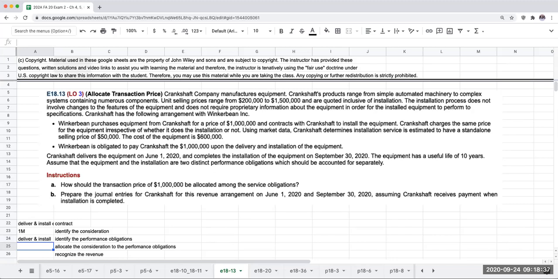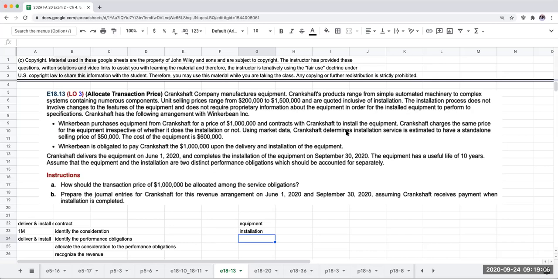Now, in terms of allocating the consideration to the performance obligations, we're going to go to my allocation: equipment, and then installation. The reason we have to do this is what it says over here: Crankshaft charges the same price for the equipment, whether it does the installation or does not.